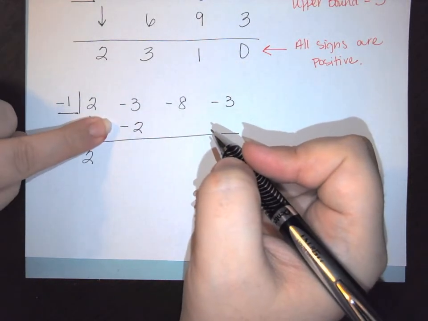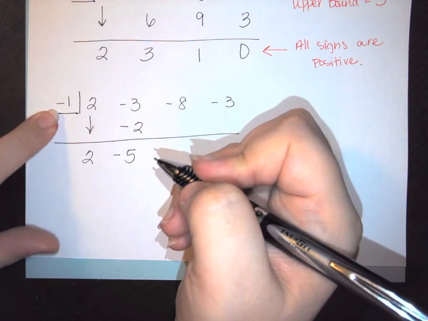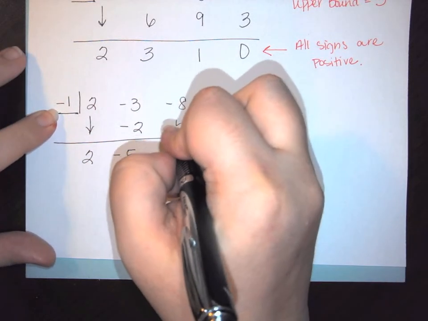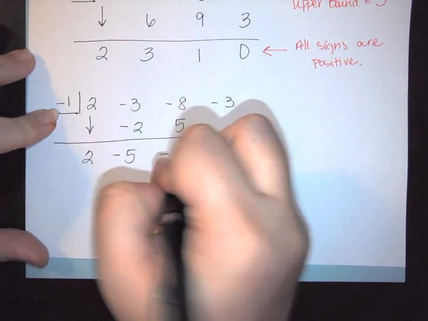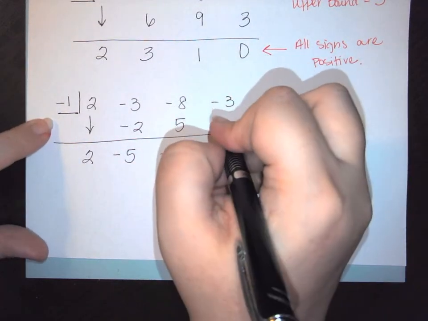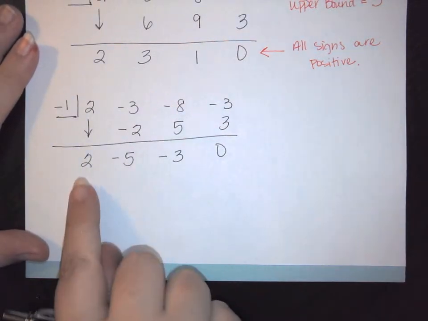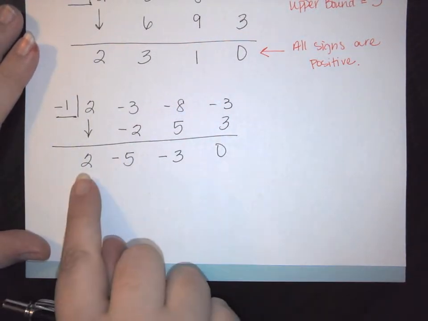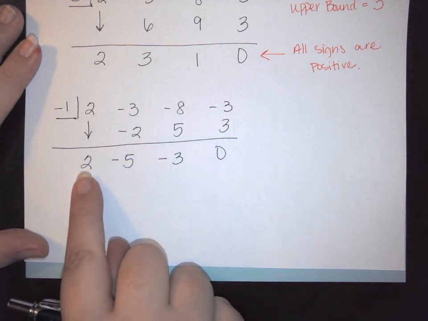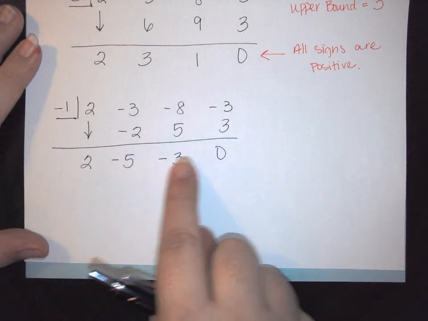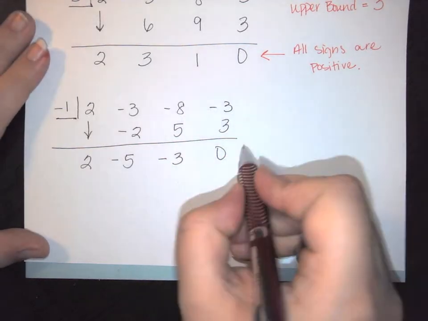Now if you look here, we go positive to negative, to negative, to positive. So these are not alternating. What that means is that -1 is not a lower bound. Since it's not a lower bound, we have to find the lower bound.